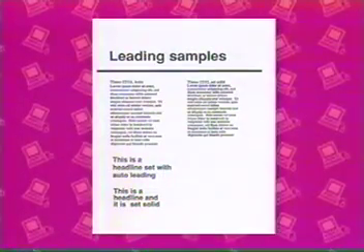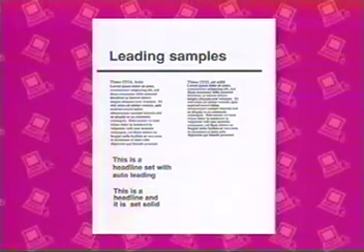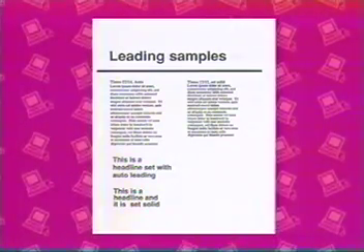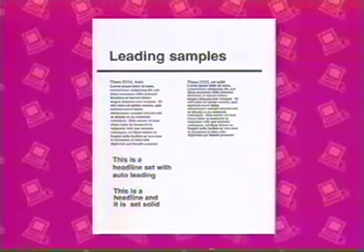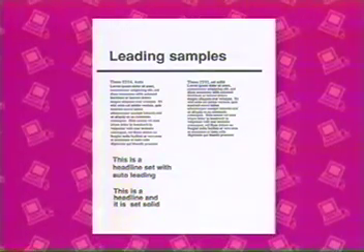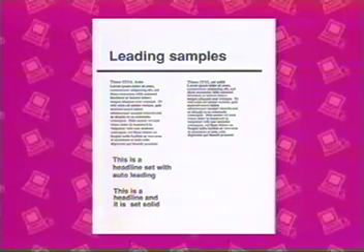It doesn't mean anything, but you see it used a lot to show how type lines up. Here we have Times 12 on 12, or set solid. See how even though you can't read it, it looks hard to read? Then over here is Times 12 on 14, what's called auto leading in your desktop publishing programs. Again, even though you can't read the words, it just looks easier to read.